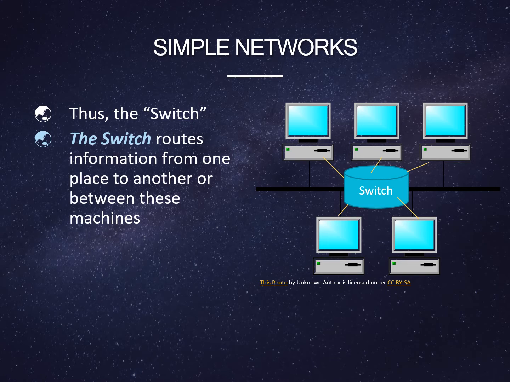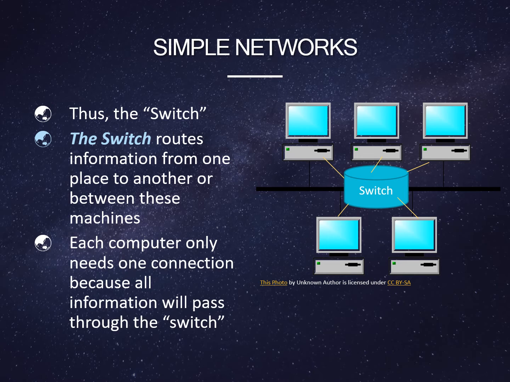The switch routes information from one place to another or between these computer machines. Each computer only needs one connection because all information will pass through the switch. Thus, all 5 of these computers that are all connected to this one switch can communicate with each other.